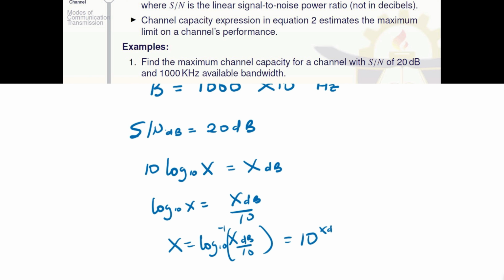So in other words, 10 to the power x in decibels over 10, and that will give us x not in decibel. So the signal to noise power ratio of 20 decibel will become 10 to the power 20 divided by 10, giving us 10 to the power 2, and that is equal to 100.